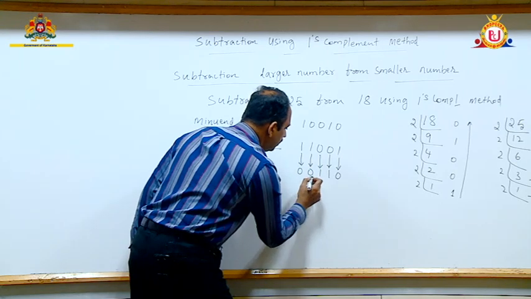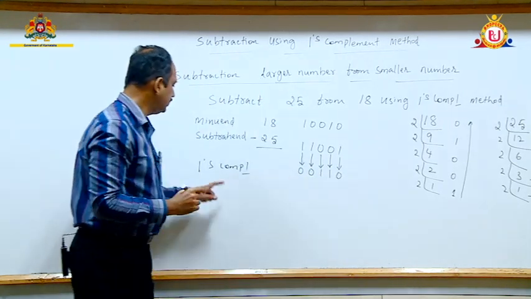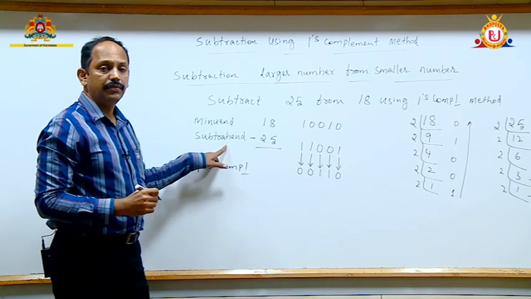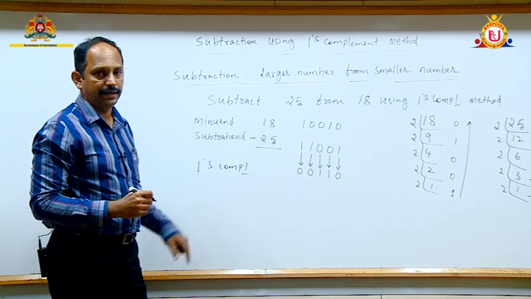Now 0 0 1 1 0 is the 1's complement value, which is written at the subtrahend.